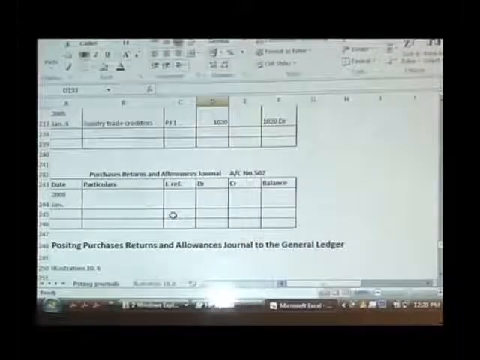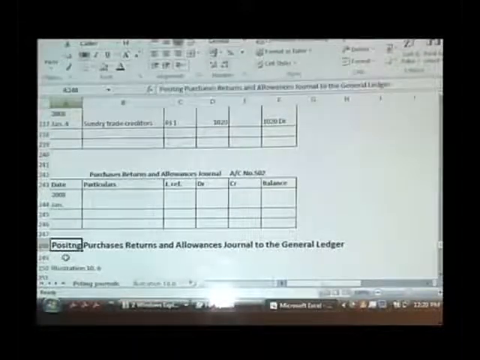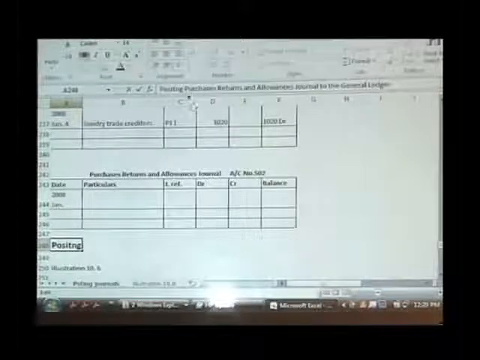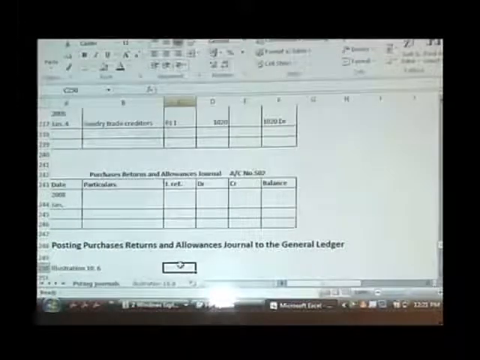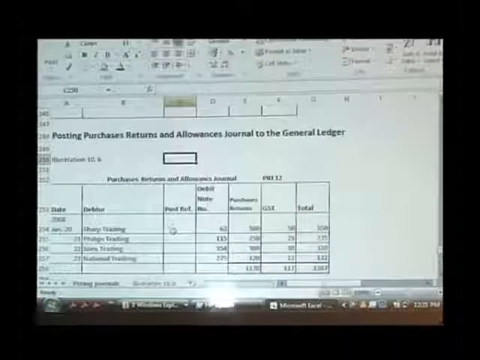Next, posting purchases returns and allowances journal to the general ledger.